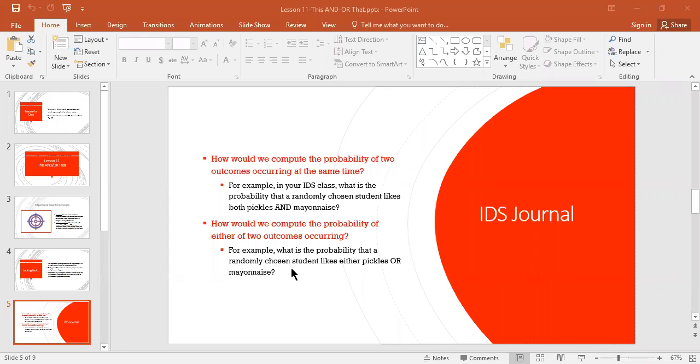If it's an and situation, how would you calculate that? If it's an or situation, how would you calculate that? You can think of it as, I have the numbers, what would I do with the numbers? Or, how would you get the numbers? What would you do to figure out how many people like mayonnaise or pickles or both or none? So think about it, 3 minutes, write down your ideas, and then we'll share.